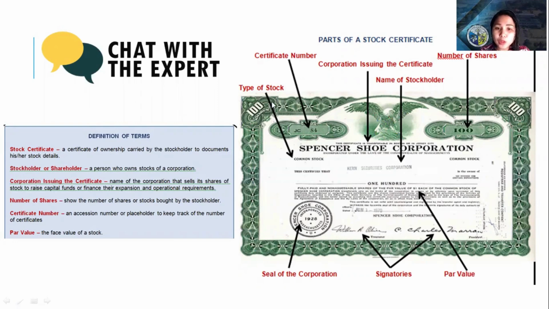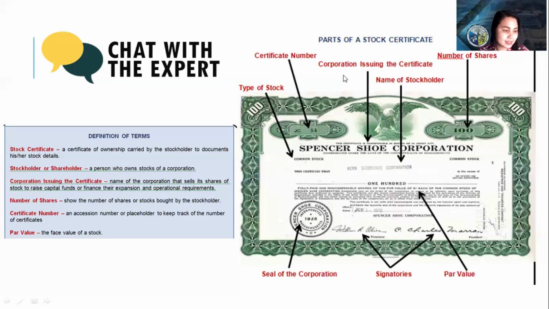Now, what can be seen in a stock certificate? This number here, the JC84, is called the certificate number. It is like the control number. So if it's JC84, the next can be JC85, the next can be JC86. No certificate has the same number.